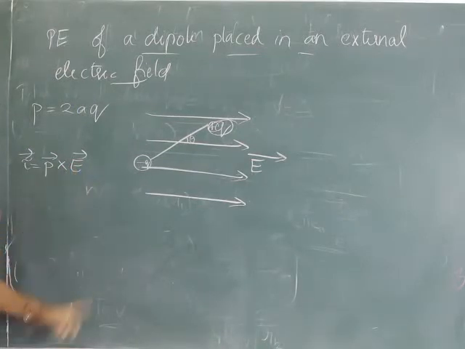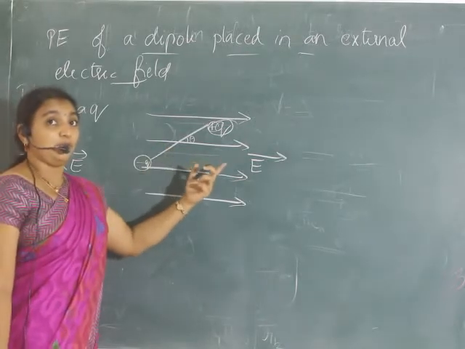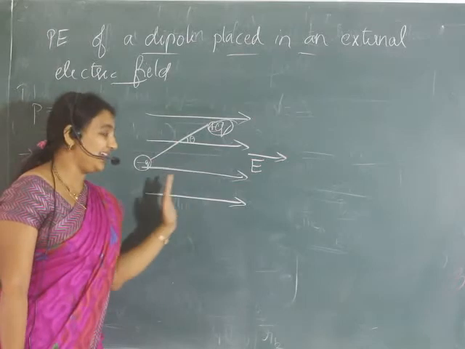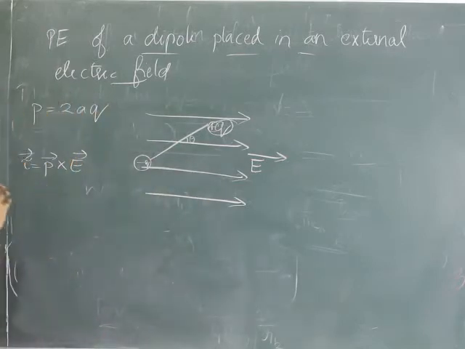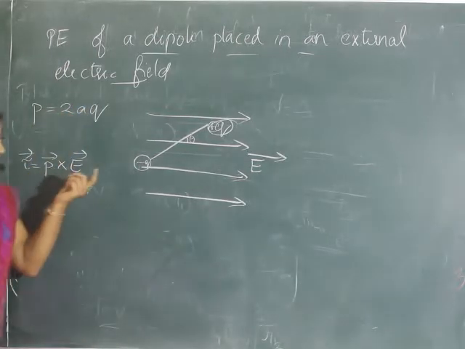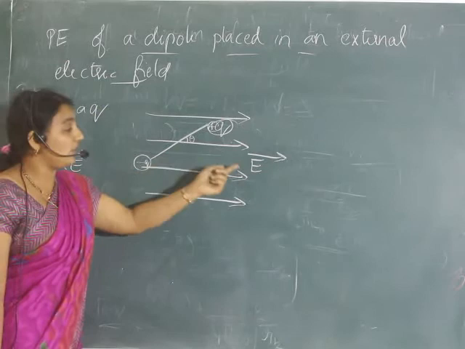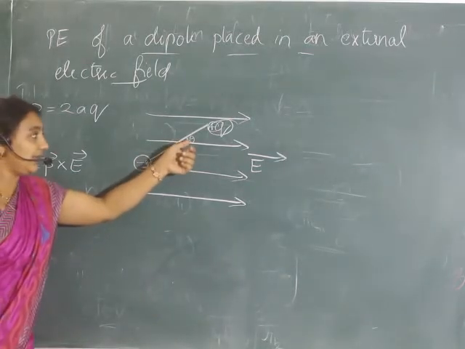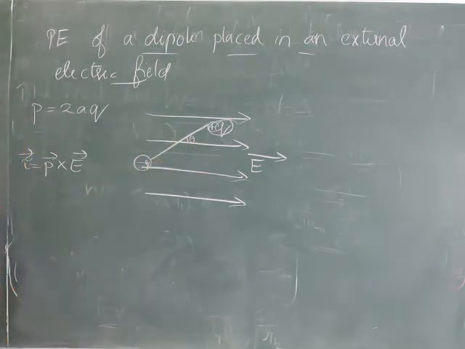P cross E. Okay, what have we done? We have considered a dipole plus q and minus q placed in a uniform electric field. Let the dipole have the dipole moment P is equal to 2aq. We know that the dipole experiences a torque tau is equal to P cross E. Because of the torque, it aligns at an angle theta.